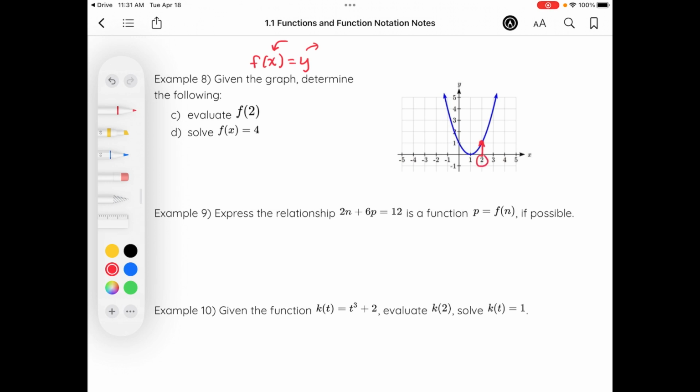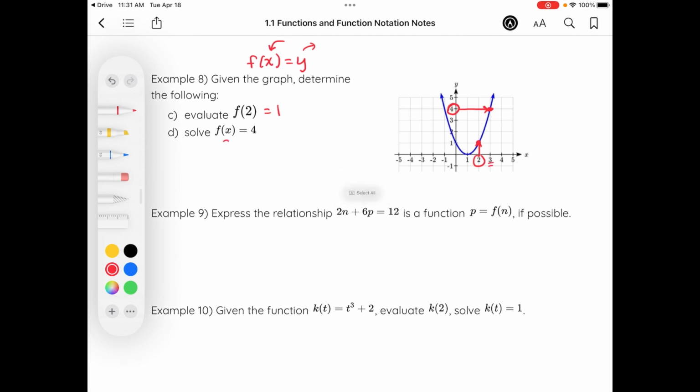So I input 2, my output value is 1. Going backwards, if my output is 4, what input gives me 4? My input value would have to be 3. So when I input 3, out comes 4.